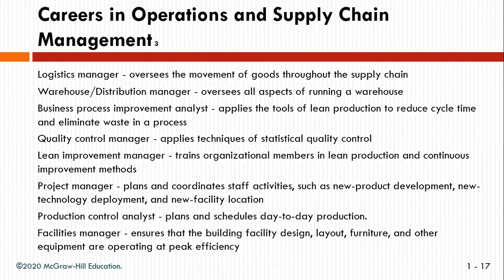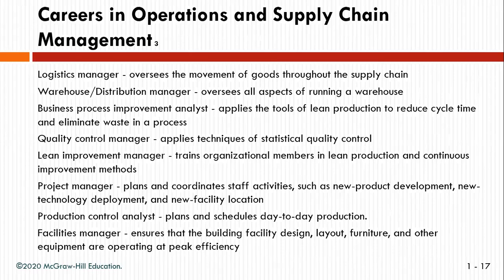OSCM. The others are like the logistics manager, who oversees the movement of goods through the supply chain. The warehousing and distribution manager oversees all aspects of running a warehouse. The business process improvement analyst applies lean tools to reduce the cycle time and eliminate waste in a process.